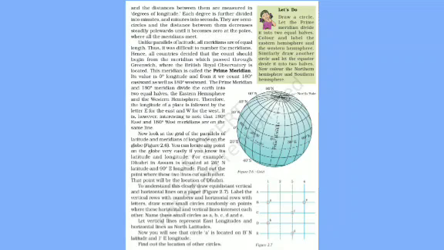Its value is 0 degree, and from it we count 180 degree east and 180 degree west. This is how we have named the longitude. The prime meridian and the 180 degree meridian divide the earth into two equal halves, the eastern hemisphere and the western hemisphere.